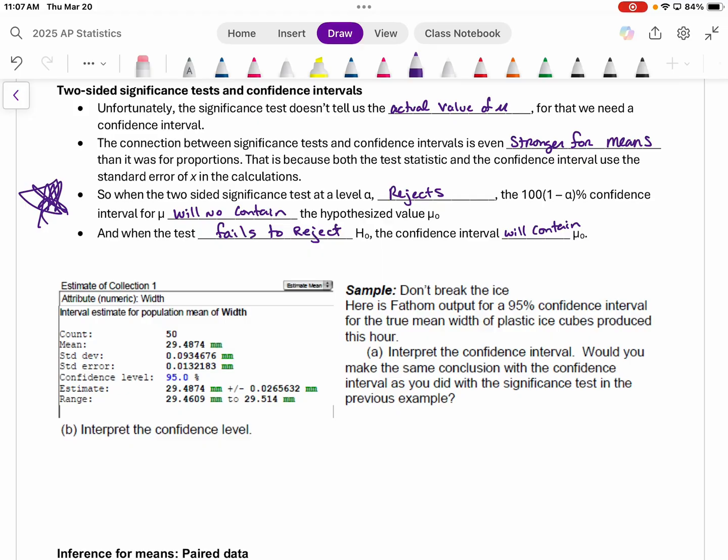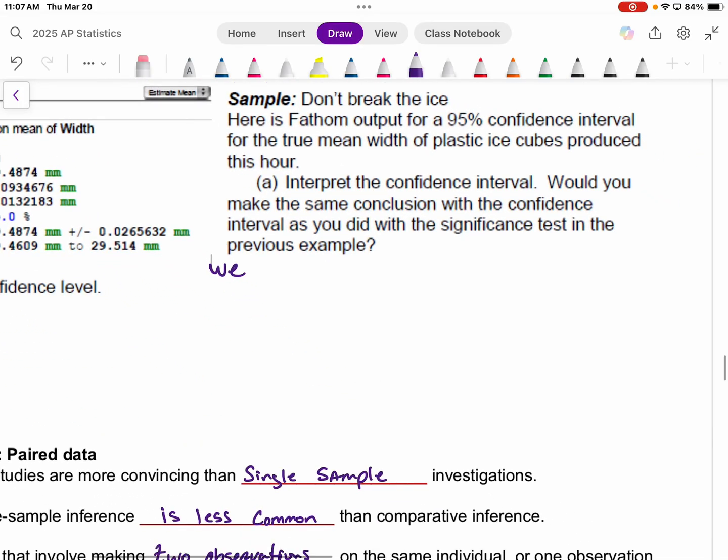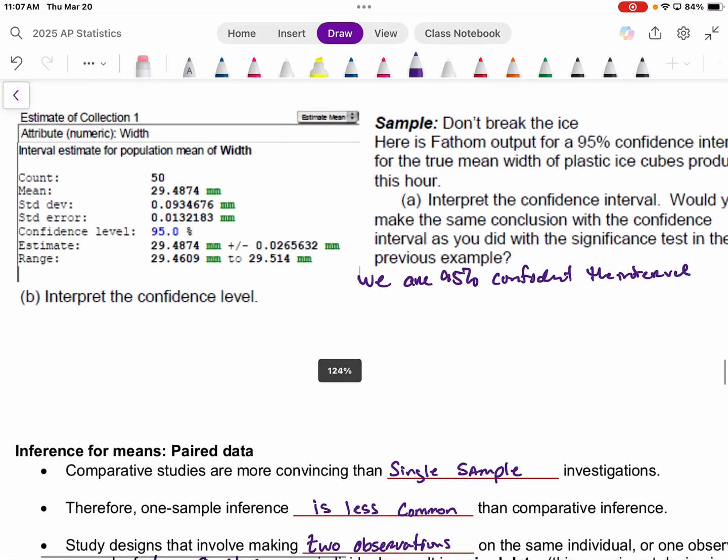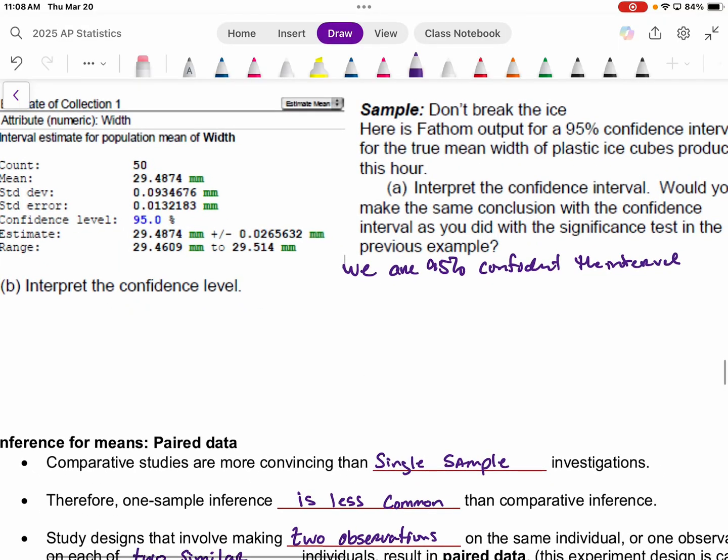I've got to zoom in. We are 95% confident the interval, let's see, where's our interval?